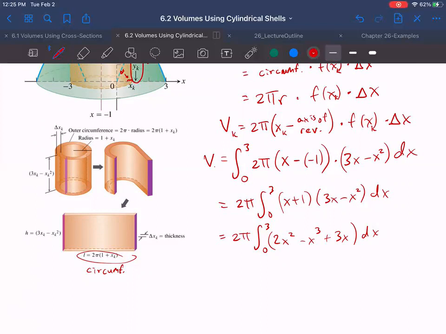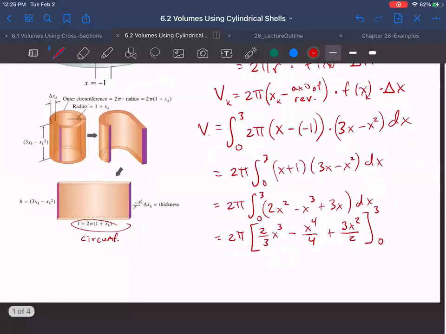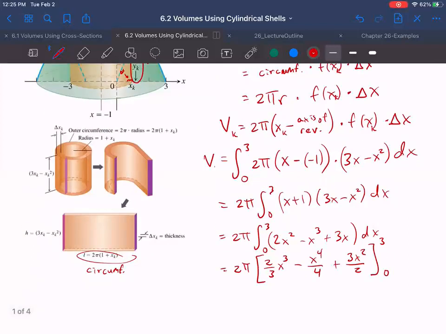And then we just start integrating. So this is 2 pi. 2x squared becomes 2/3 x cubed minus x to the 4th over 4 plus 3x squared over 2, evaluated from 0 to 3. I'm running out of room here. Plug those numbers in.